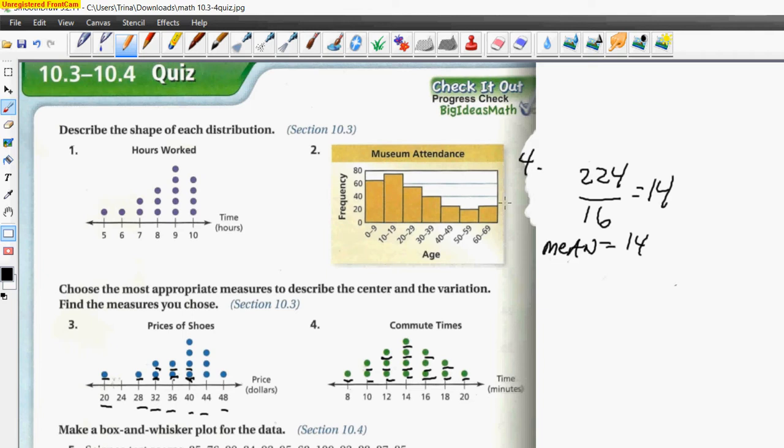Okay, MAD stands for mean absolute deviation. It's in your book. Take a look at it. Very, very important. Now we have to find that because this is a symmetric diagram and also a symmetric shape. So how do we find that right now? Because we need to find the actual MAD.